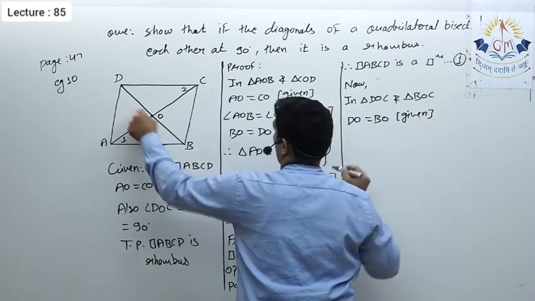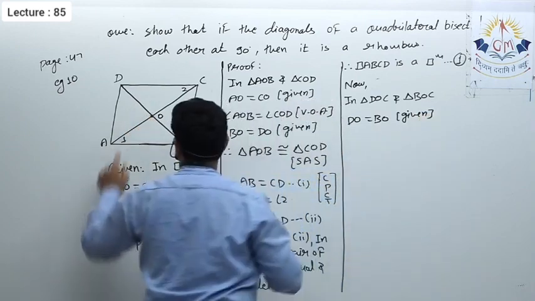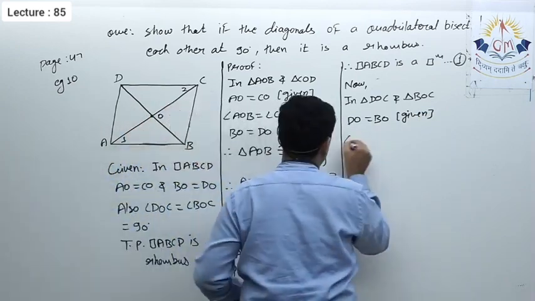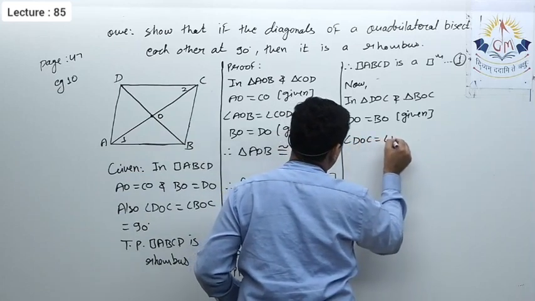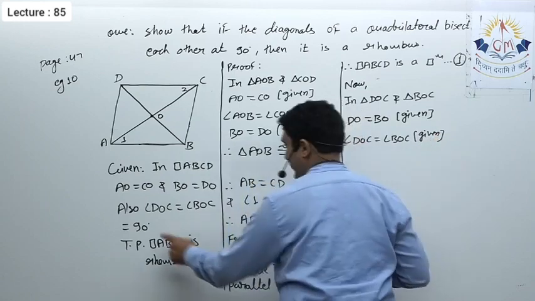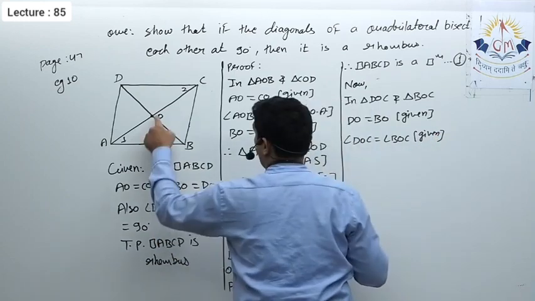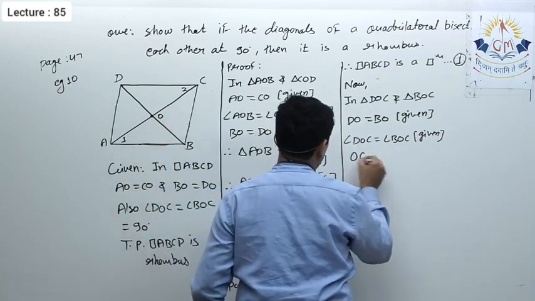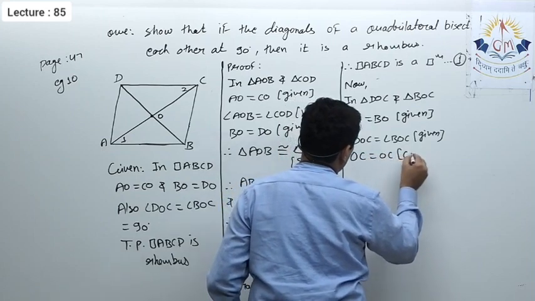Angle DOC is equal to angle BOC, each 90 degrees, that is again given. OC is equal to OC, that is common.